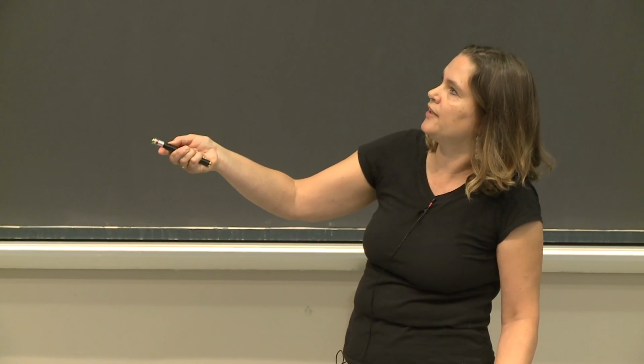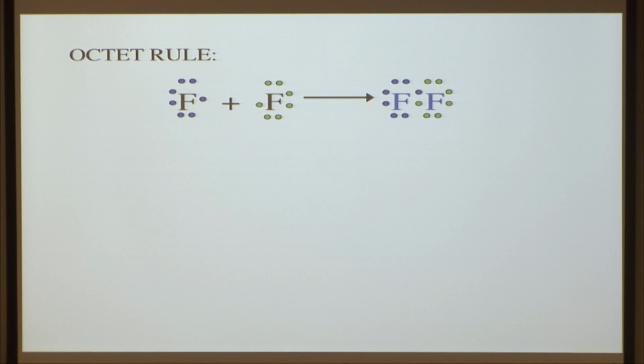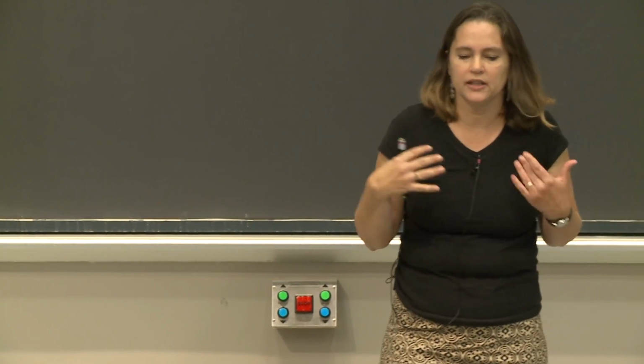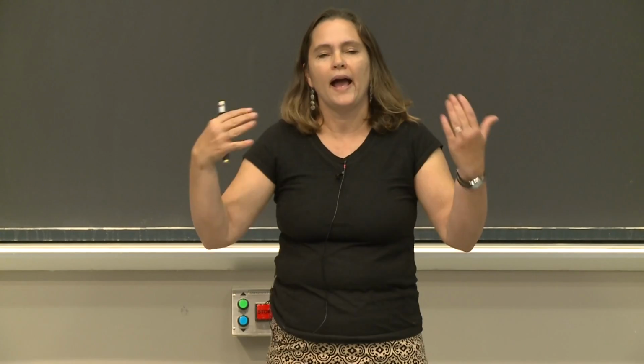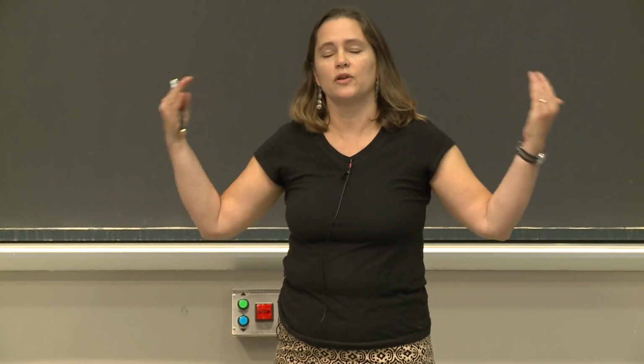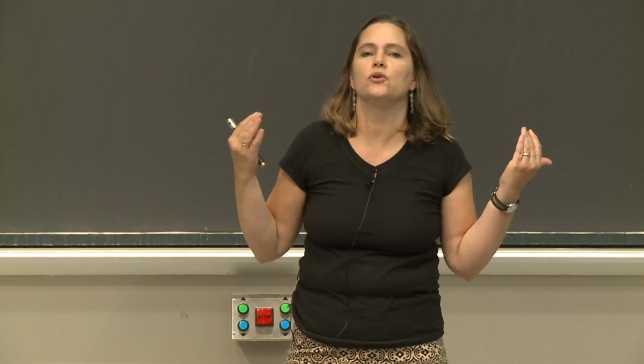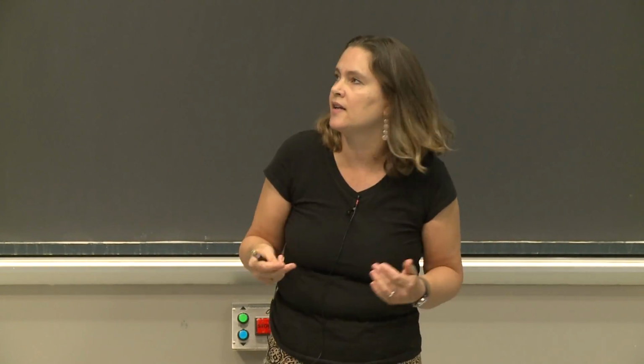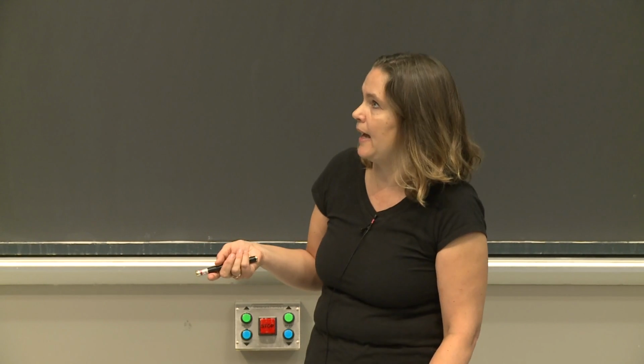If we put in green one of the fluorines' 7, and in blue the other fluorine's 7, you can see that they can share 2 in the middle, and both are very happy. So it's just this really simple idea: how many electrons will give you an octet, will give you 8, and how can you put things together in such a way that allows for that to happen.